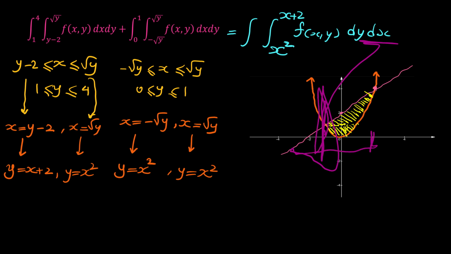The smallest value of x is -1, and the maximum value of x for all the points on this region is 2. So x is between -1 and 2. So we have -1 here and 2 here. And this completes the solution of this question.